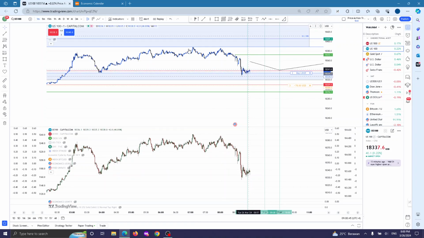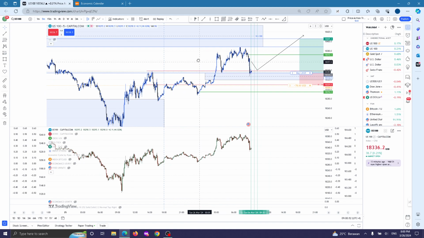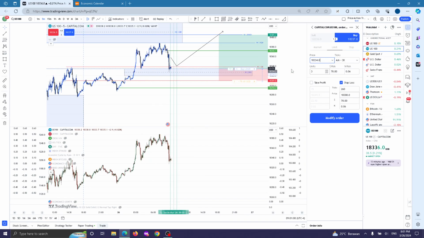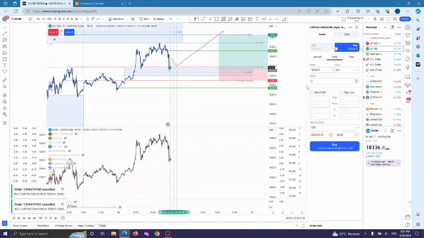We're engineering liquidity. This is a bit aggressive. Is it 100? Cancel that. I think I made a mistake.